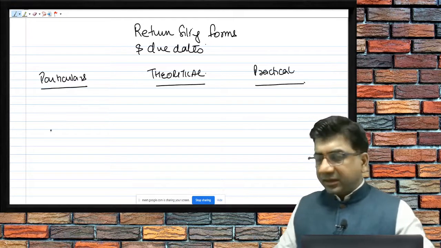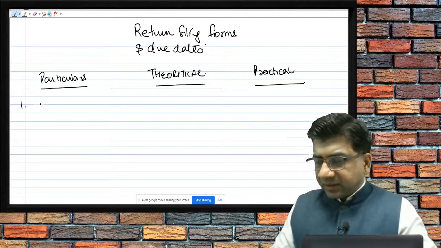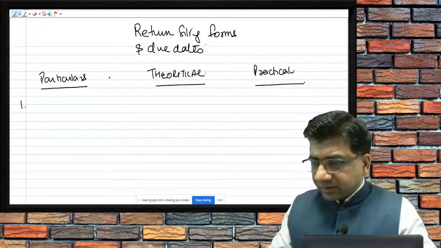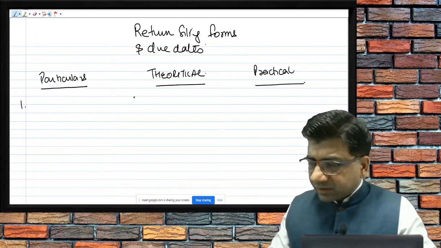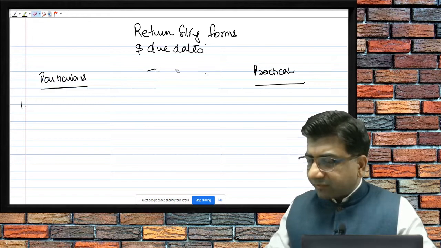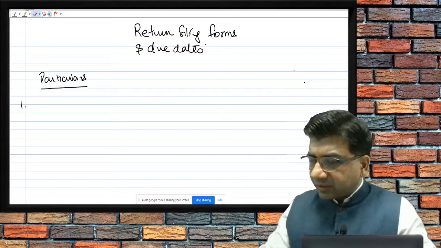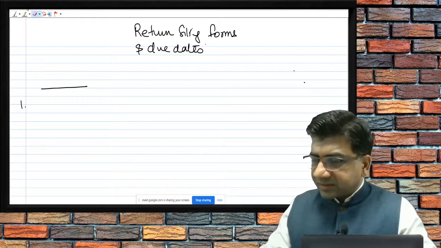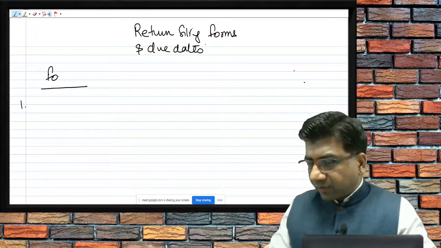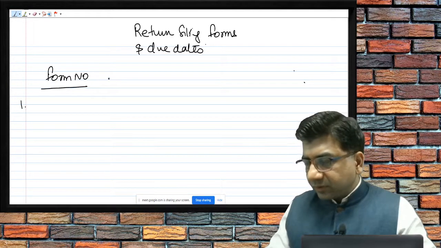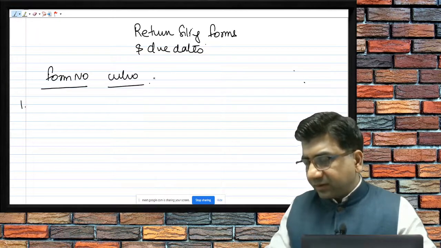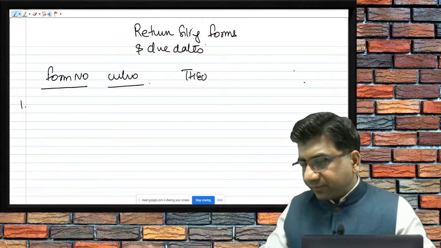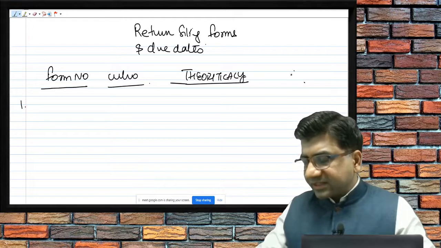First, in between we'll make columns. Let's make 4 columns, that will be better. Particulars, form number, who is liable to file theoretically, and practically where the government has extended.